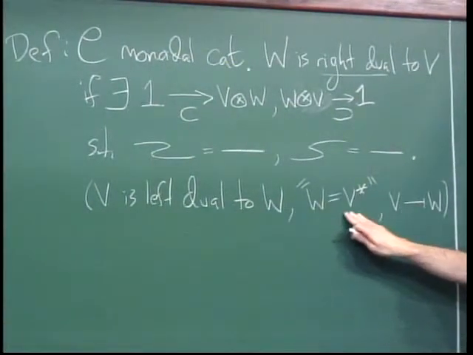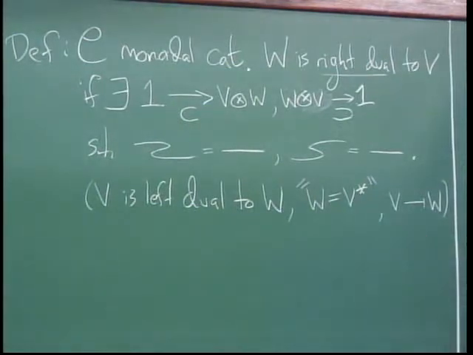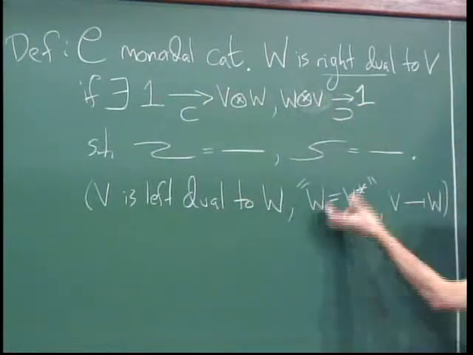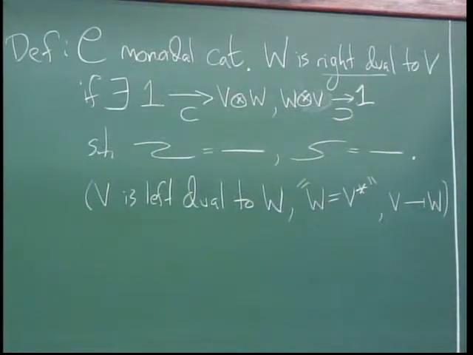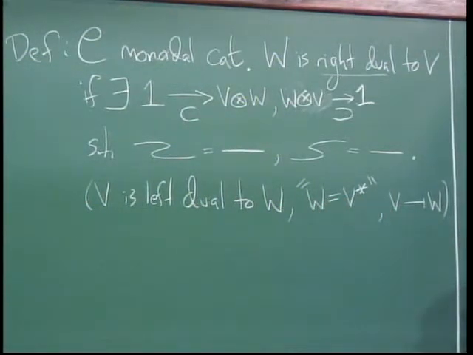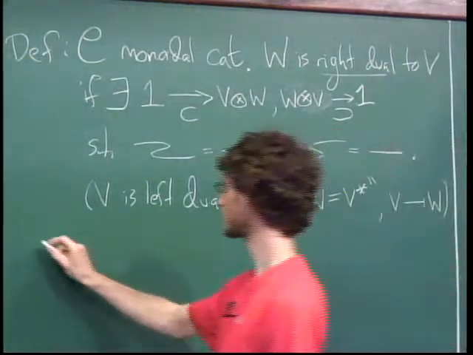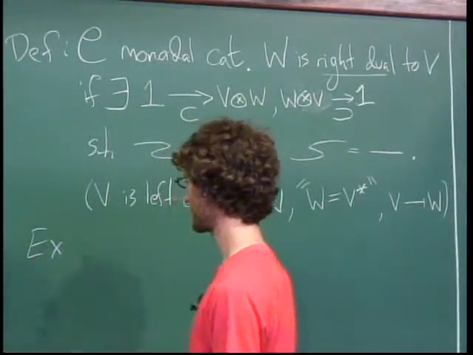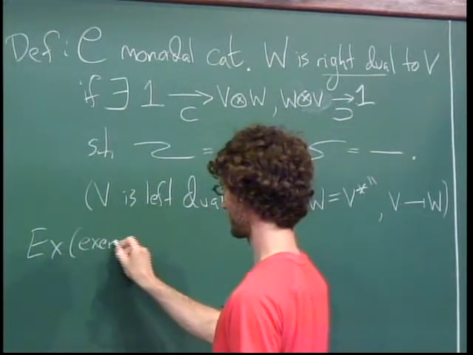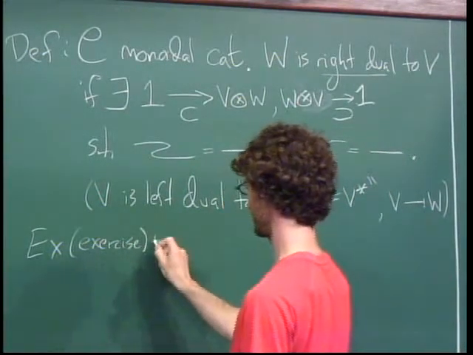This notation, W is equal to V star, is a little bit dangerous because you really need to remember these co-evaluation and evaluation maps to pin down the notion of the dual. So it's dangerous to just remember the vector space. But anyway, a small exercise. When I write EX, I'm going to mean exercise, not example.